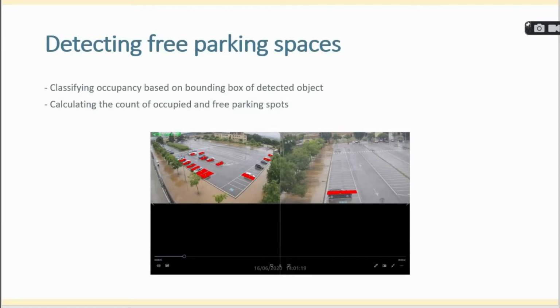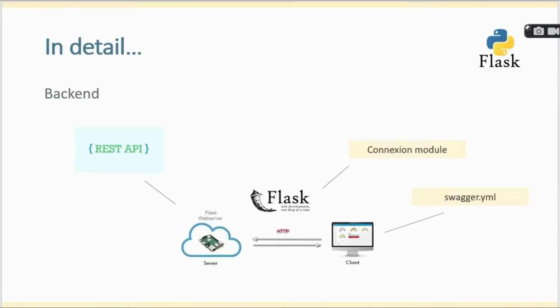So now that we have the model, the backend is built using the Flask web server, and the Flask web server connects to a REST API endpoint using the connection module, which can be installed using pip, and it allows a Python program to use the Swagger specification, which you can see on the screen.